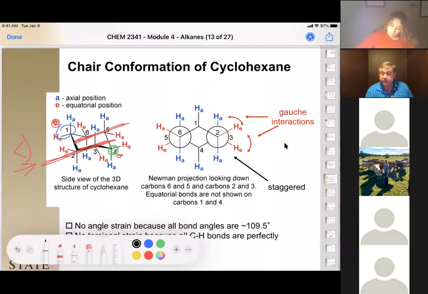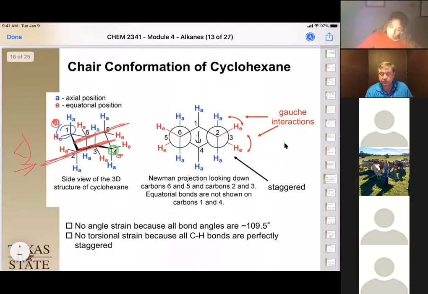We do have a gauche interaction between these 2 carbons in our ring, but other than that, everything else is staggered. Everything is at 109.5 degrees, and there's no angle strain. And because all the hydrogens and carbons are perfectly staggered, we have no torsional strain either. That's why the chair conformation is a low energy position.